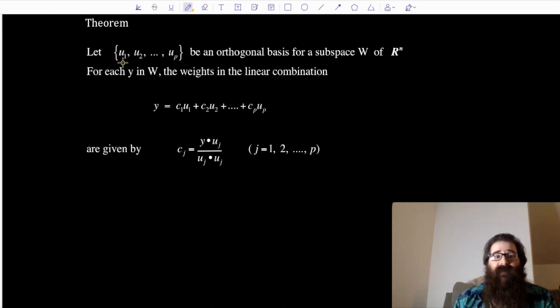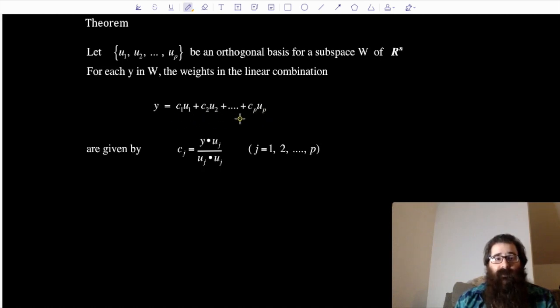So this talks a bit further about this. It says, since my set is an orthogonal set, all of these vectors are linearly independent if they're non-zero vectors. And that means that I have a basis for a subspace. Now with my basis, I should be able to get where I need to go inside of that subspace. So I should be able to take any vector inside of the subspace and write it as a linear combination of those basis vectors.